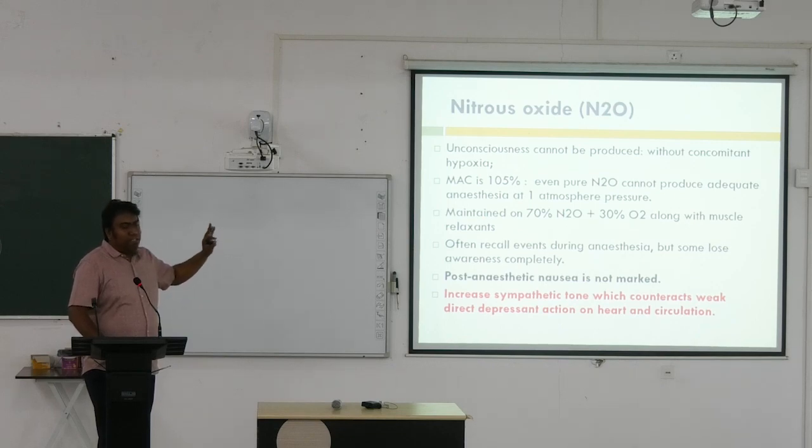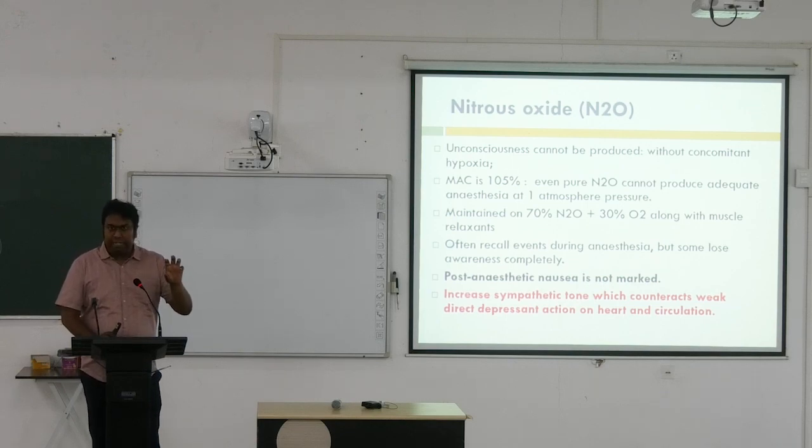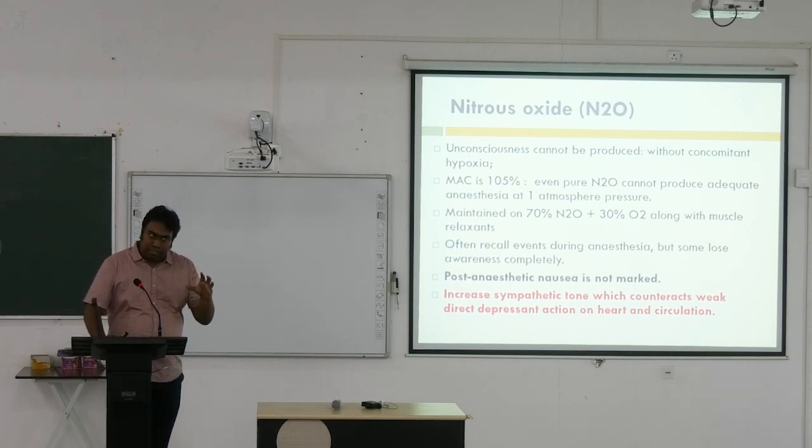Here is another thing. Topics that come in nitrous oxide: one is diffusional hypoxia. Second, gas effect is associated with N2O. What is the second gas effect? As nitrous oxide is less soluble in the blood, we give a high concentration of nitrous oxide along with 1% of halothane or other fluorinated anesthetics.